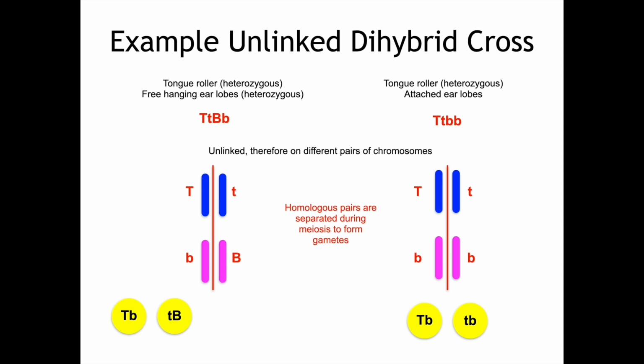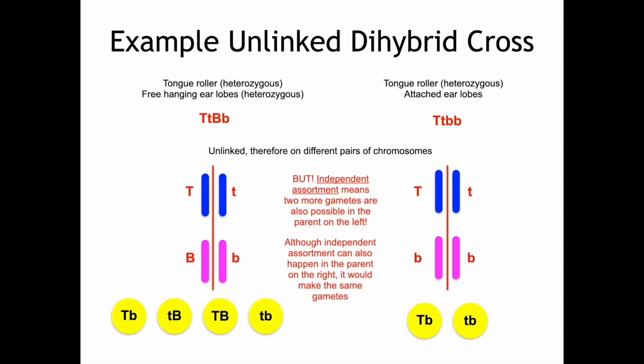However, I want to revisit this issue on the left-hand side here because that arrangement doesn't necessarily have to be so. You could actually have arranged them the other way around because independent assortment can occur if these genes are unlinked. Therefore, there are two more possible gametes for this person on the left-hand side.